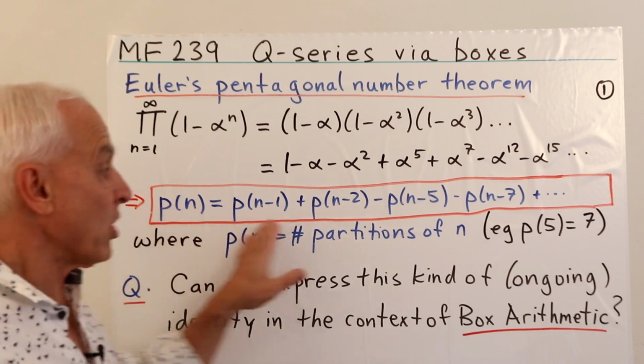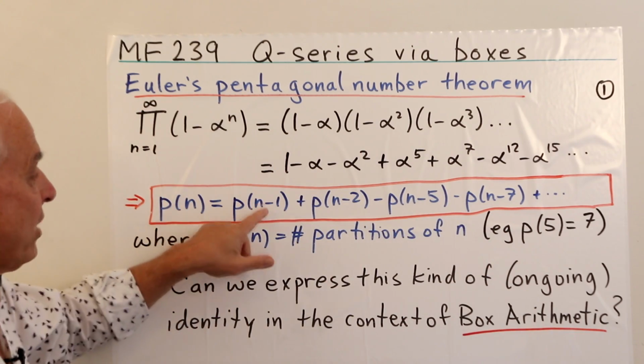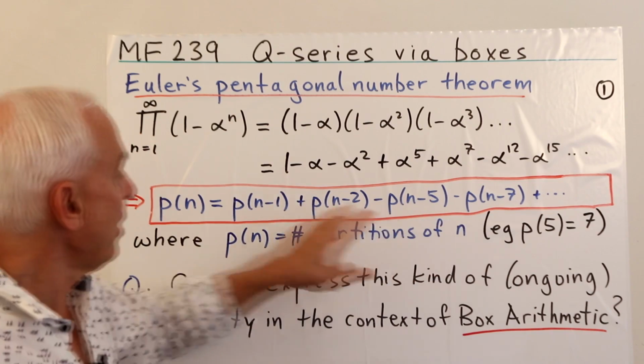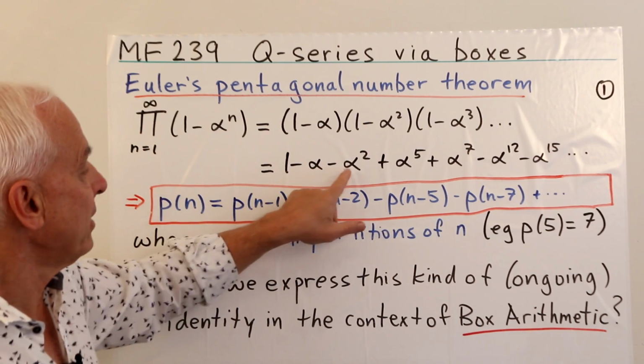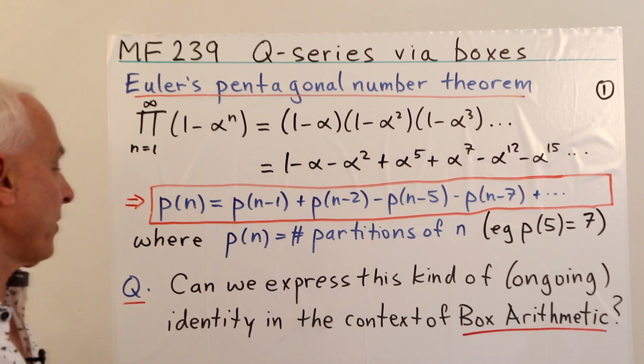So this actually gives a recursive way of computing this P of n function, and you see that these terms here correspond exactly to the exponents and the signs that are appearing up here.